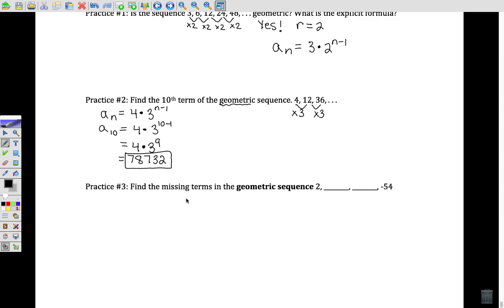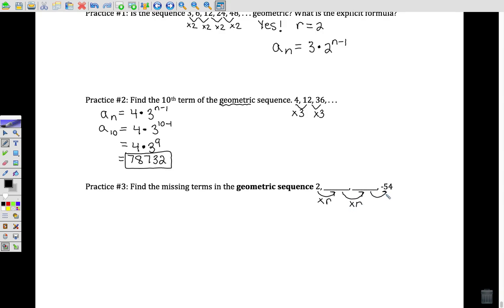So similar to an arithmetic, we can also find the missing terms in a sequence, and we can do this 2 different ways. If we look at this sequence here, again, it's important it told us it was geometric. So from this first term 2 to the next term, I multiplied by r. From the second to the third, I multiplied by r.